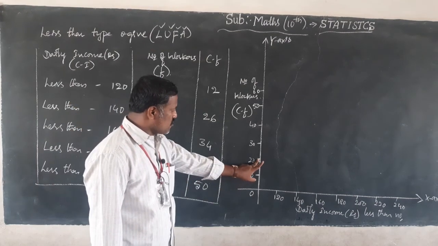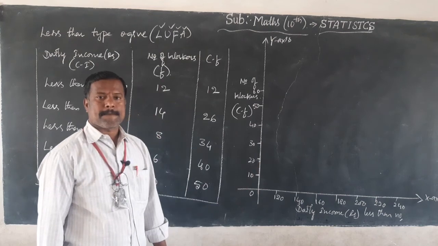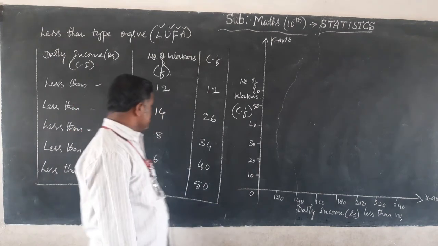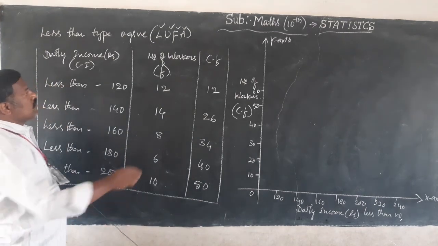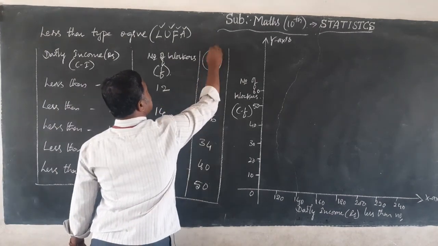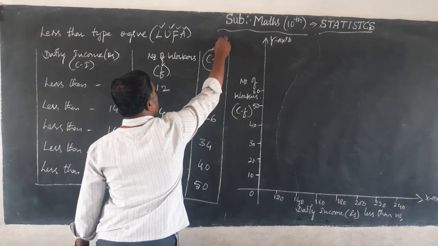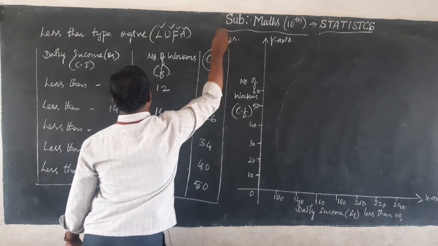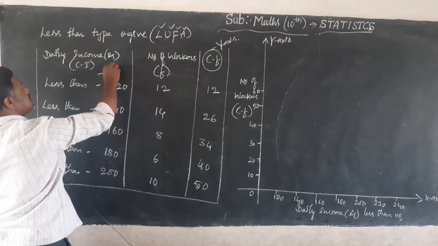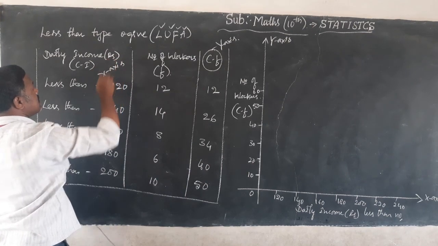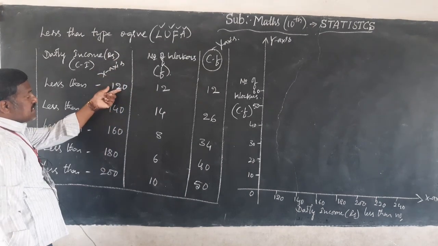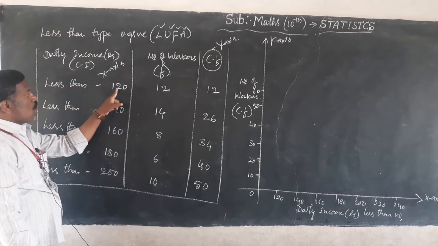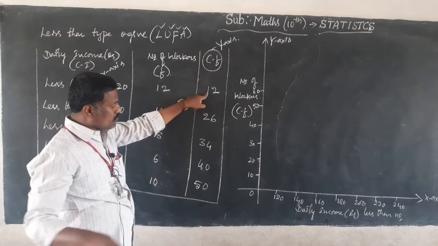Okay children, now we go for marking, locating the points. This is the y-axis, and this is the x-axis. On the x-axis at 120, where can we locate 120 comma 12?